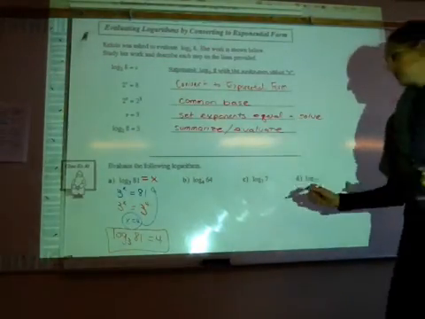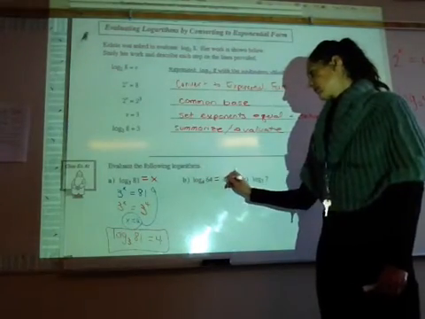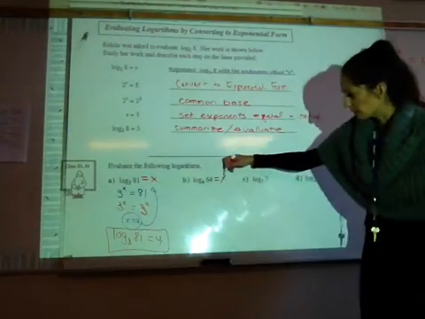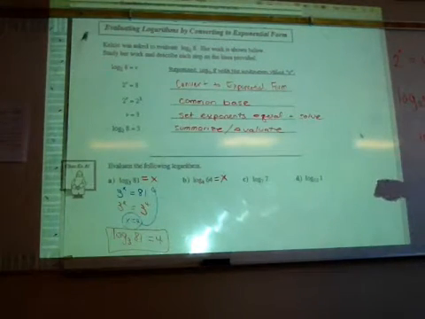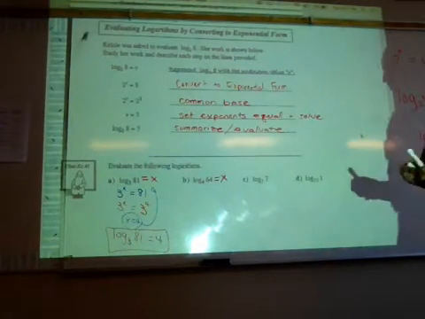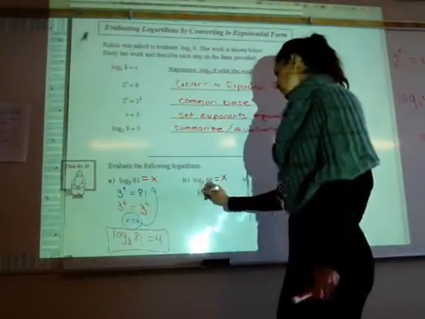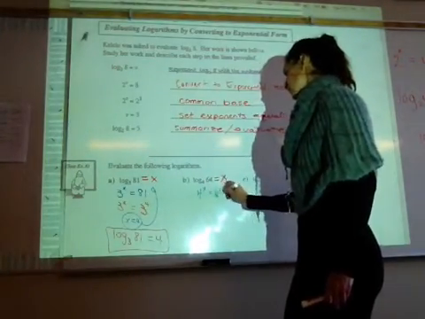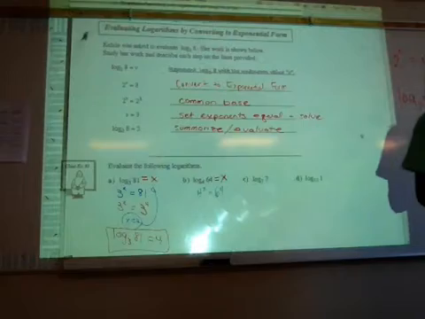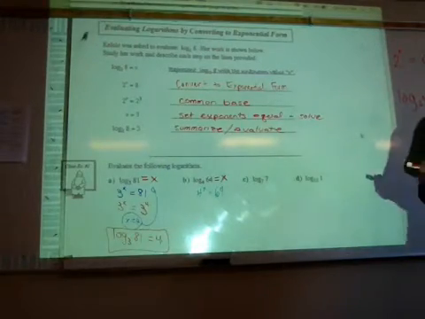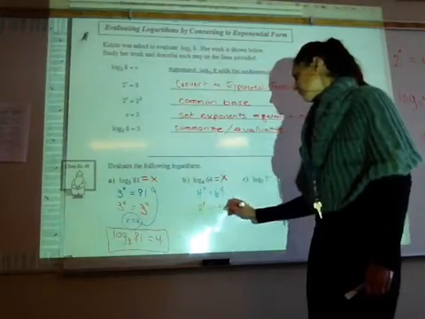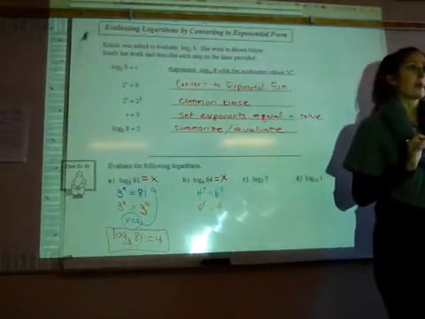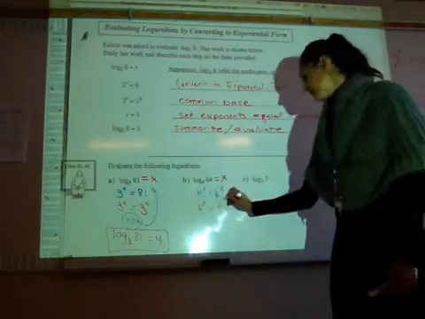Okay, we'll try the next one. Again, we have to set the logarithm equal to an unknown variable. Doesn't have to be x, I'm just choosing x. Then we're going to convert that to exponential form. So 4 to the power of x equals 64. Then we need a common base. 4 to the power of x will equal 4 to the power of what gives you 64? 3, very good.